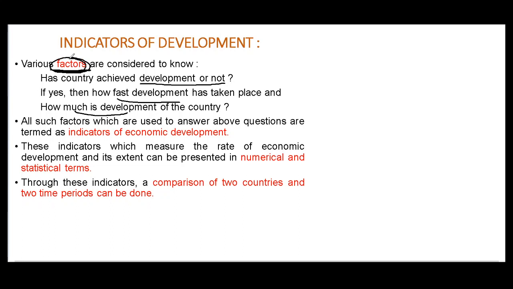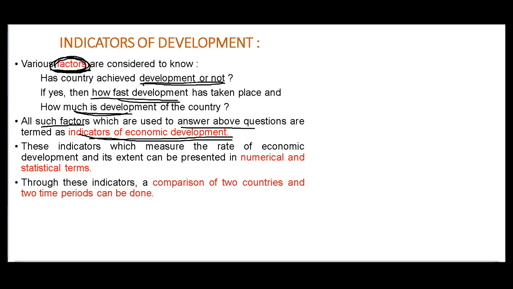Now the factors which decide whether development is there or not, how fast or slow development is, and how much development is there, these factors are termed as indicators of economic development. All such factors which are used to answer the above questions are termed as indicators of economic development.